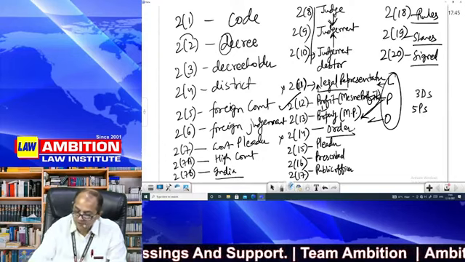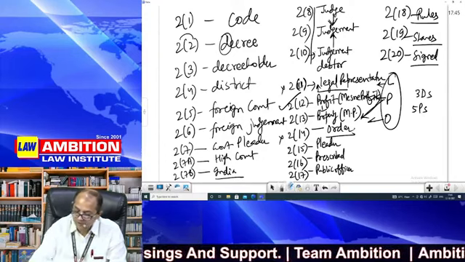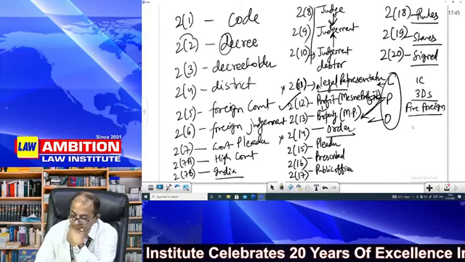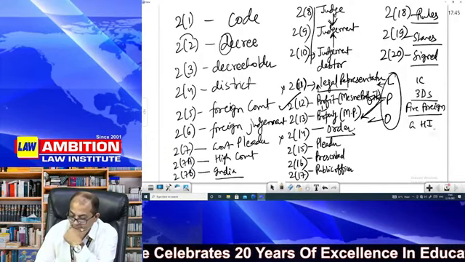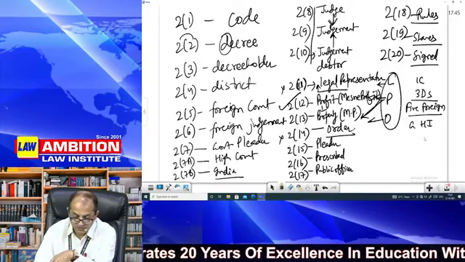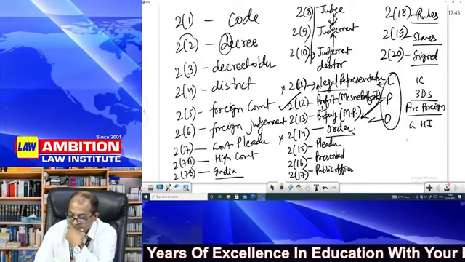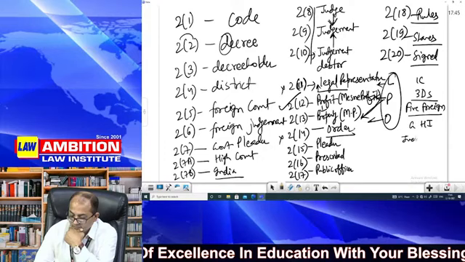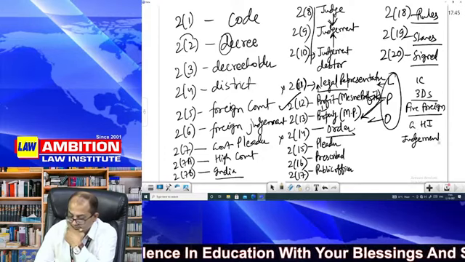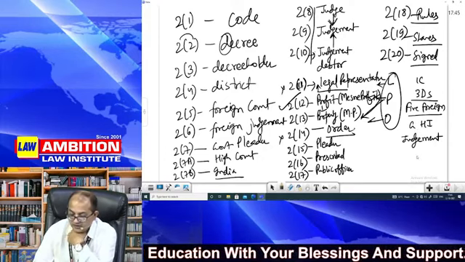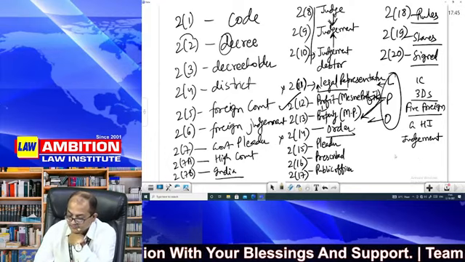Now before 5 Ps, 3D, 5 foreign, 1 C, then G high, then this judgment, judgment by a judge and against judgment debtor.